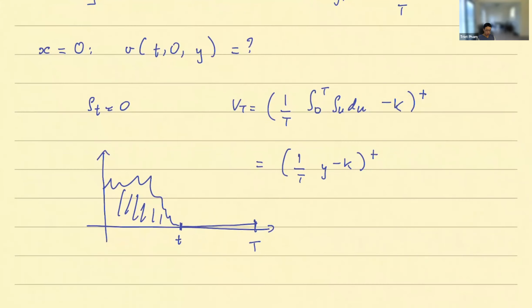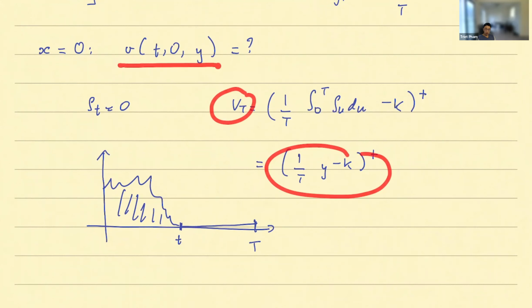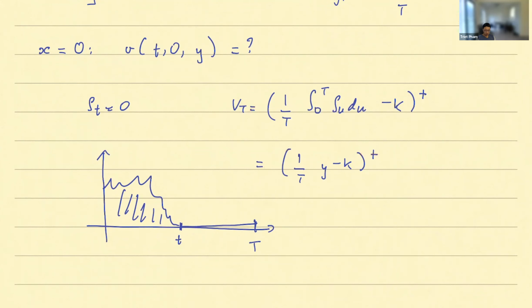But that's the future payoff, right? That's a future payoff. So the current payoff will be, and there's nothing random about it, right? Because the Y is already determined. The stock is no longer, there's nothing random about this.